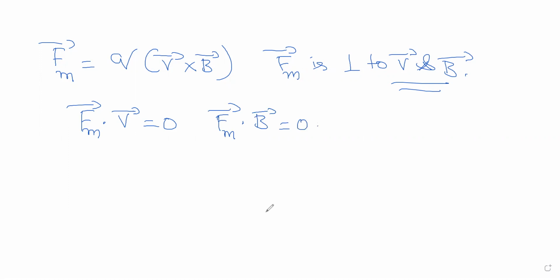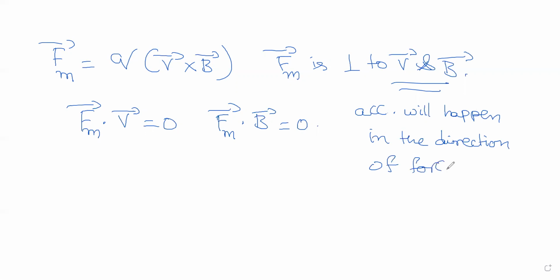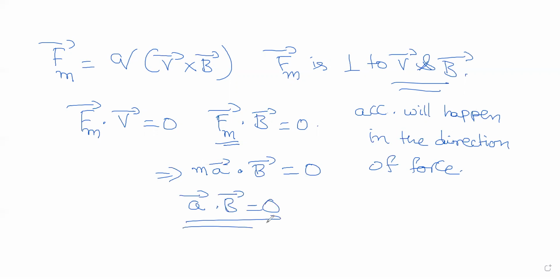Now acceleration will happen in the direction of force, right? So removing Fm bar, I can say mass into acceleration, m a bar dot b bar is equal to 0. So I can simply say a bar dot b bar is equal to 0. This is the concept on which we work the question.